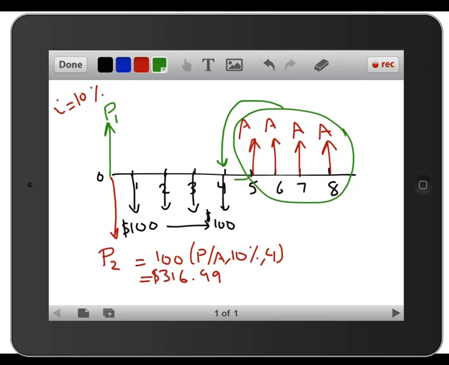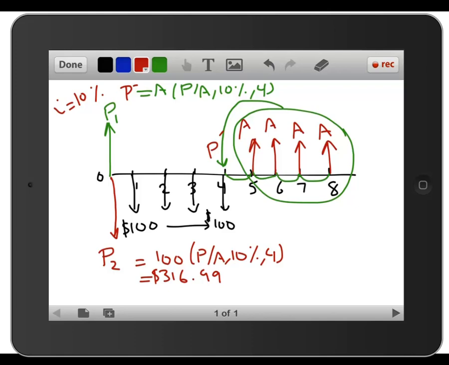And the number of periods is 1, 2, 3, 4. So now let's use the formula: A, P given A with 10% and 4 periods. Now I found P here, and I will call it P prime.